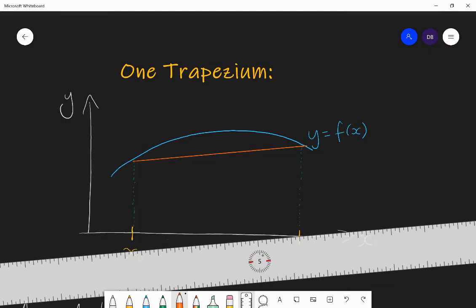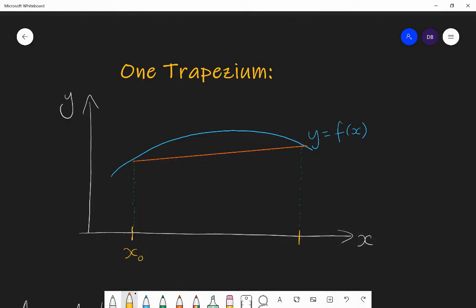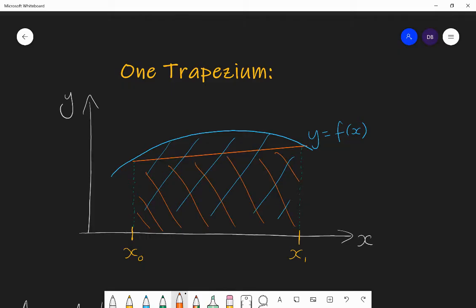So split the area between x0 and x1, those two x values. I want to make an estimate of the area under the curve, the blue area, and this red area here is an estimate of that. It's an underestimate because the curve curves above it, but it is an estimate.